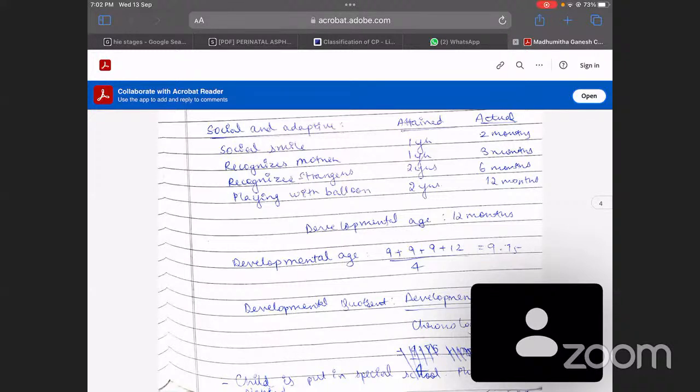Most likely, if it was a spastic diplegic case, your language and social adaptation is less commonly affected, whereas in quadriplegia, which has poor prognosis, all the domains get equally affected. So this is one of the points which favors quadriplegia.